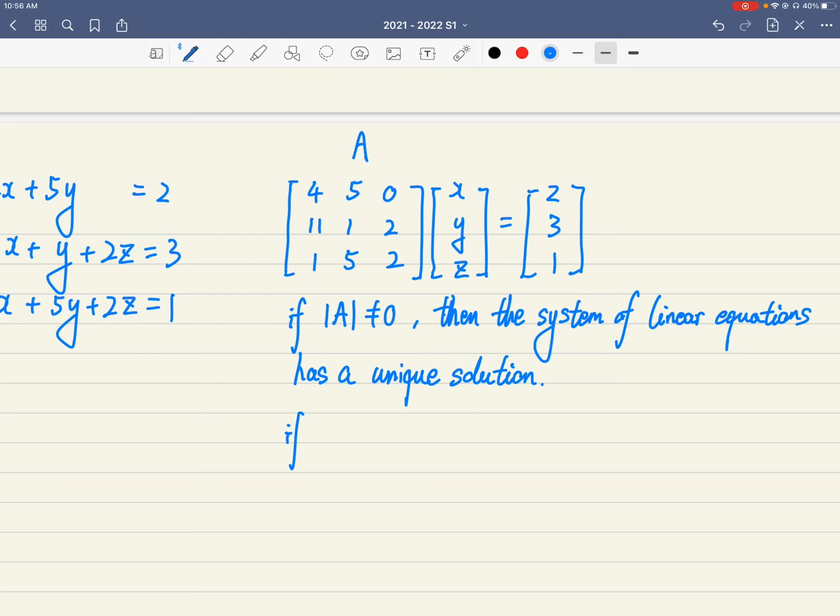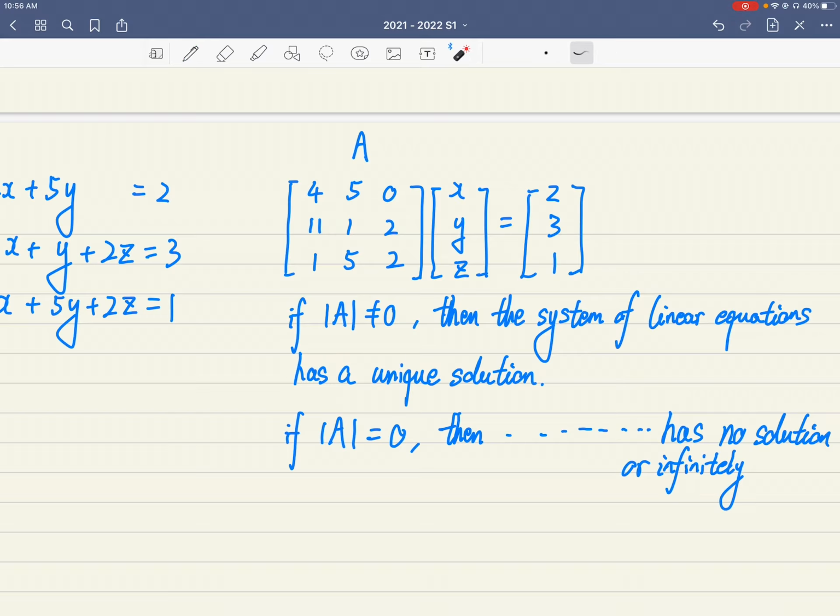And if the determinant of A is 0, then the system of linear equations has either no solution or infinitely many solutions. When no solution, when infinitely many solutions, that depends on the right-hand side. The right-hand side determines whether that system has no solution or infinitely many solutions.